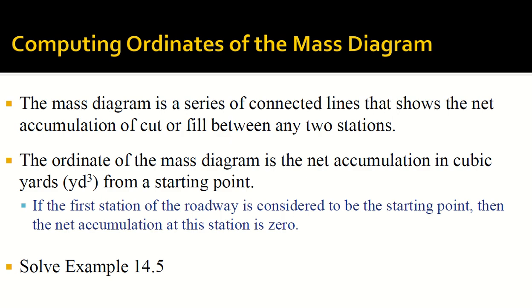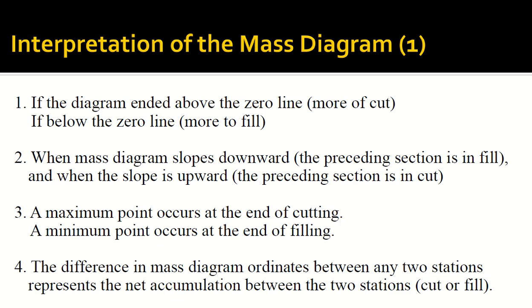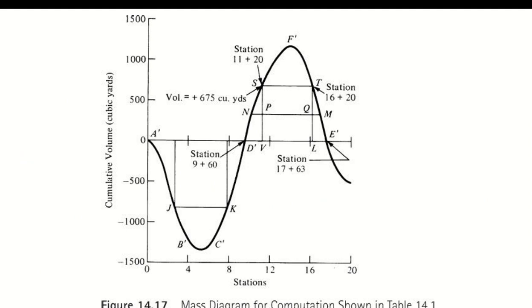What else? The first point I already mentioned. The slope. If the slope is going up in the diagram, what is happening? Slope going up means positive is increasing, right?